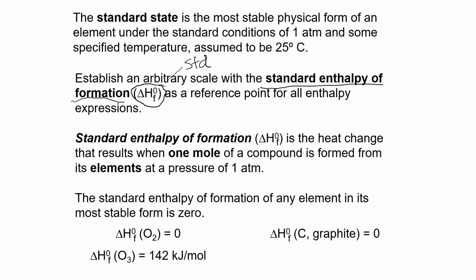Delta H of formation for carbon in the form of graphite is 0. It's its most stable physical state, compared to another, or an allotrope, which we'll discuss that term later, of carbon is diamond, and it too has a positive delta H of formation.